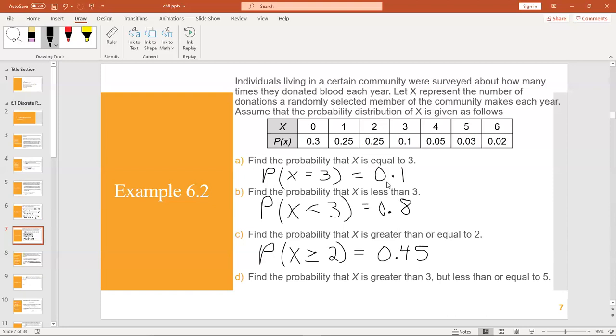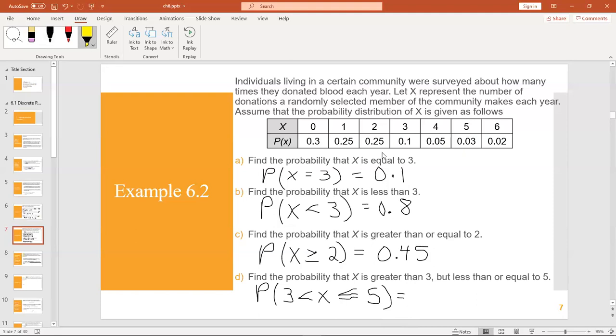Okay, this one, we want the probability x is going to be greater than 3, so 3 is the low end. And then x is also going to be less than or equal to 5. So basically we're saying x is between those two values. We are including 5, but we are not including 3. So that's how you would notate that.